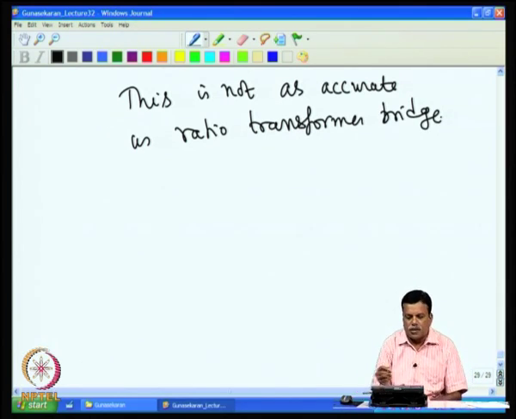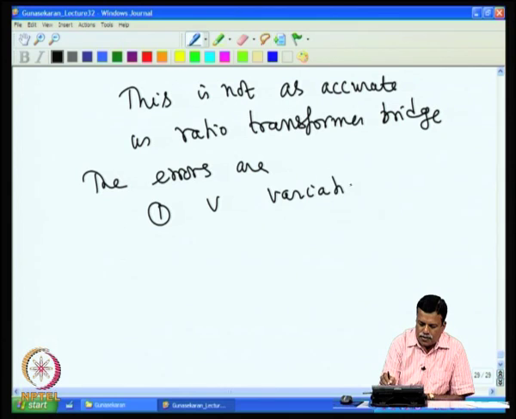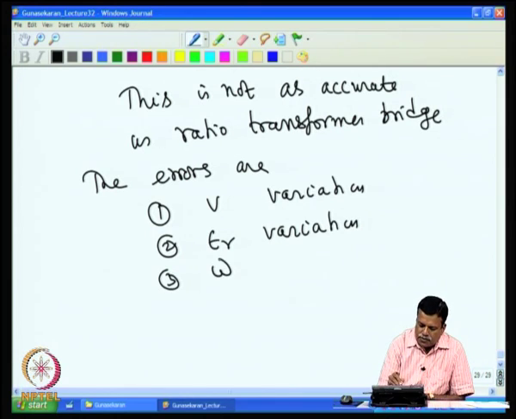This is because the errors are V variation, epsilon R variation, and omega variation.